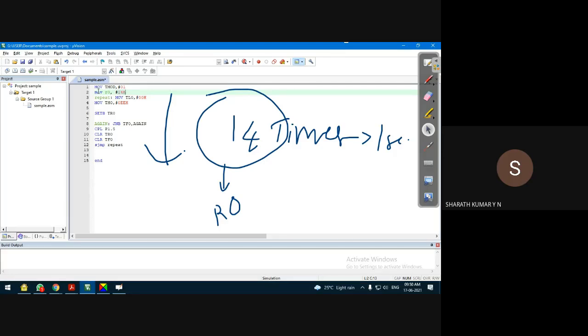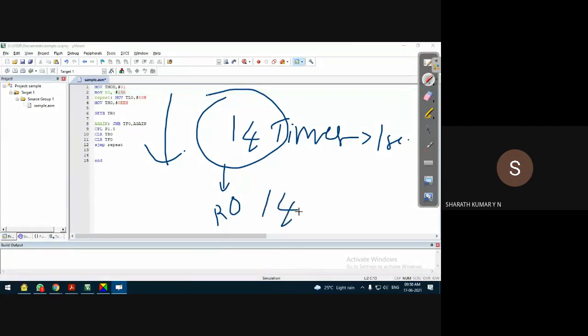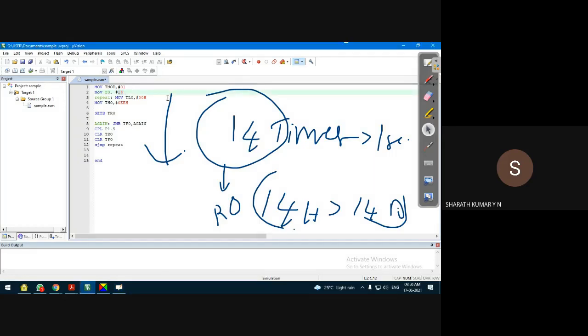Should it be H or empty? If it is H, 14 hexadecimal is bigger than 14 decimal. So we can keep it as only 14 if you want to represent in decimal.